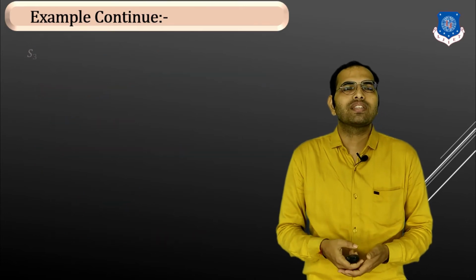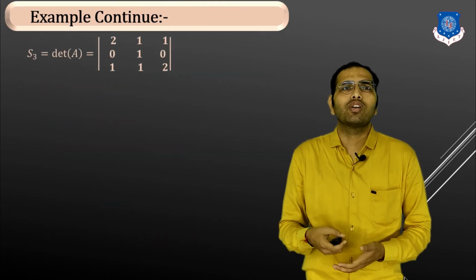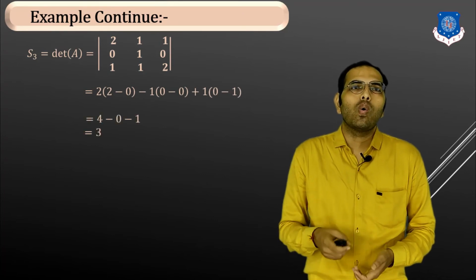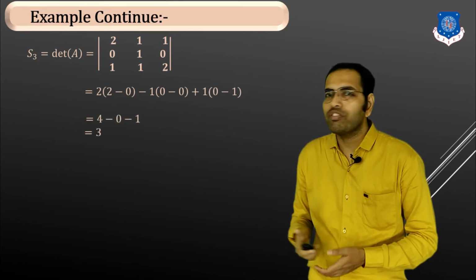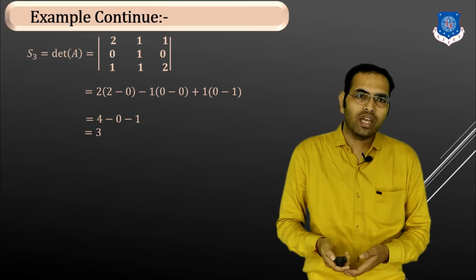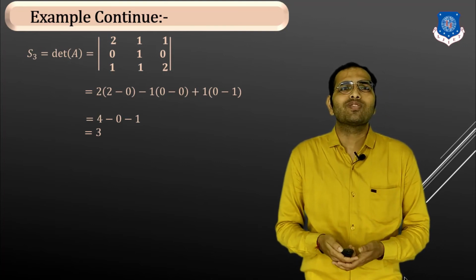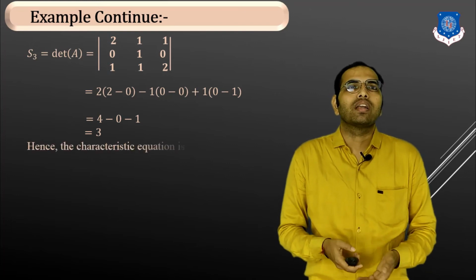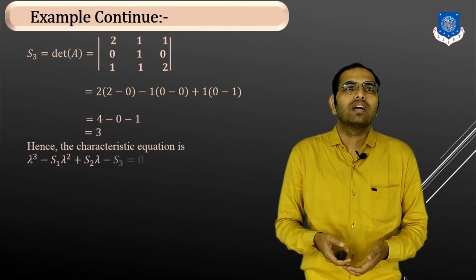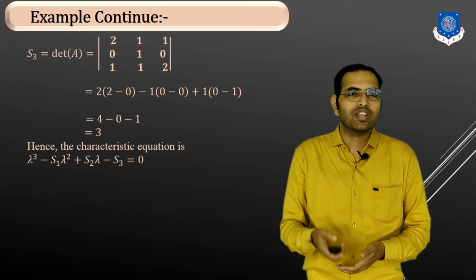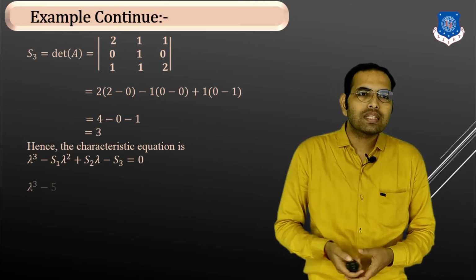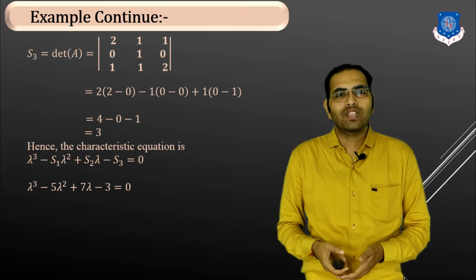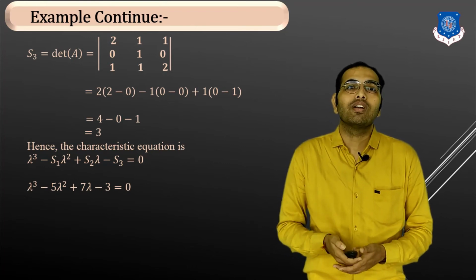Now finding S3. S3 is nothing but the determinant of A. A is equal to 2, 1, 1, 0, 1, 0, 1, 1, 2. Finding the determinant of A gives you 3. Now substituting these values of S1, S2, S3 in our characteristic equation, lambda cube minus S1 lambda square plus S2 lambda minus S3 equal to 0, that gives lambda cube minus 5 lambda square plus 7 lambda minus 3 equal to 0.